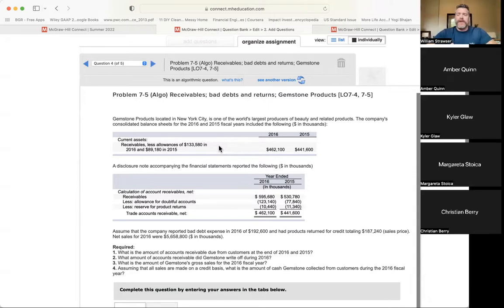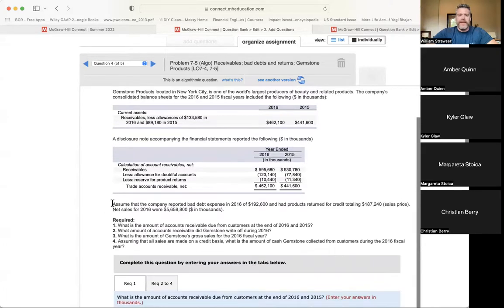It forces you to think through not just the journal entries, because you need to know those to do this problem, but also how things are affected and how they correspond to the financial statement presentation. What we get here is an excerpt from a balance sheet, a disclosure note about receivables, and a little extra information about the receivables themselves, like transactions that we couldn't ascertain without being told.